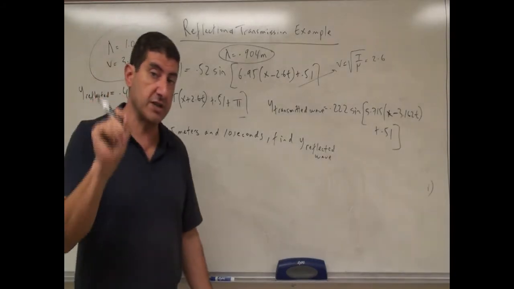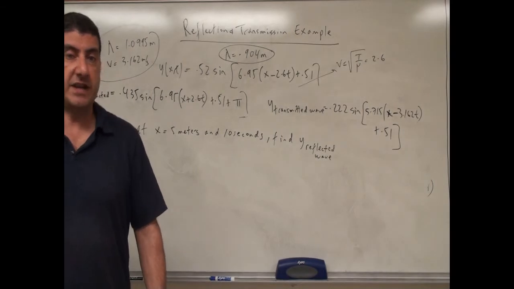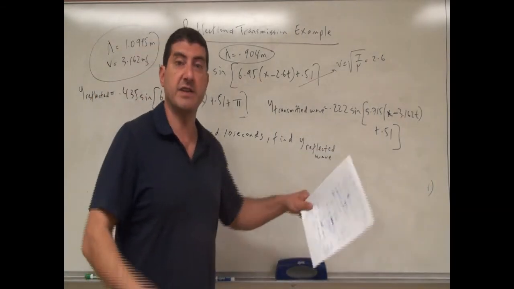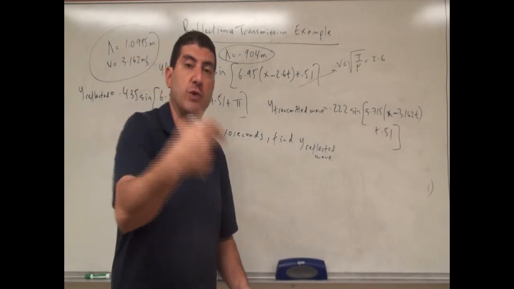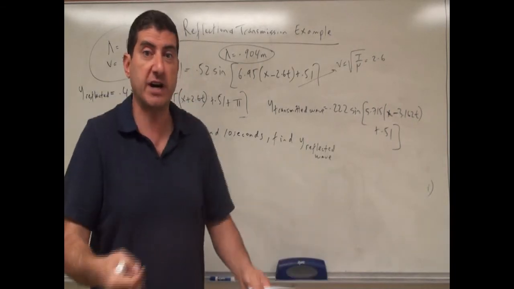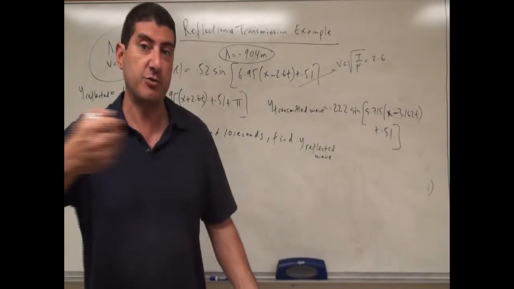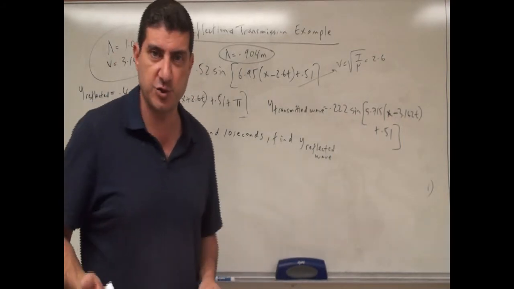So remember, we're focusing on only the reflected wave. If the incoming wave is still coming, then we have to find out the y of the incoming wave, and then we would have to add those two, the y of the incoming wave to the y of the reflected wave. If we add those two, we'll get the combined y of the incoming wave and the reflected wave, the combination of the two waves. We call that the interference of the two waves, right?